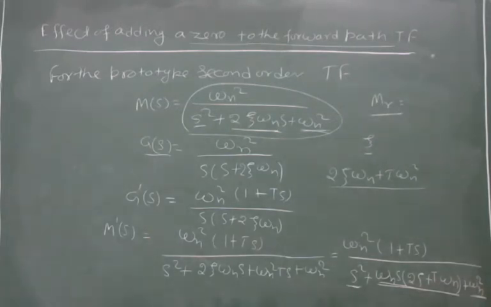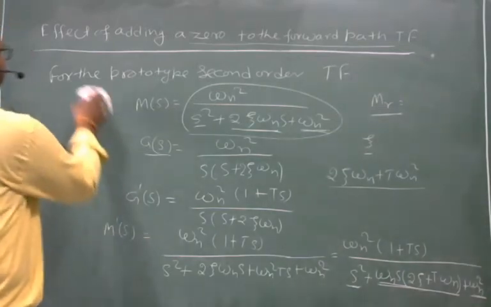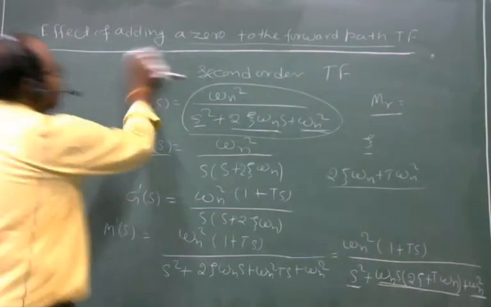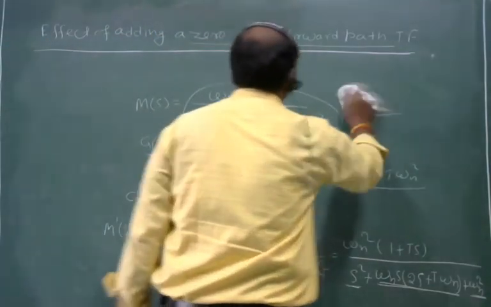So what is the general effect of adding a 0 to the forward path transfer function?